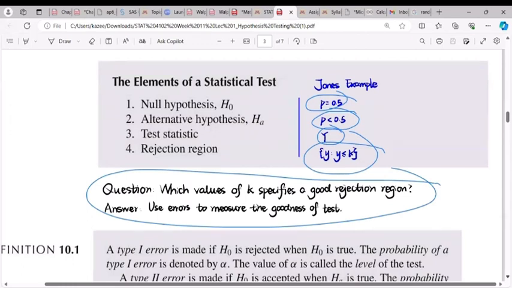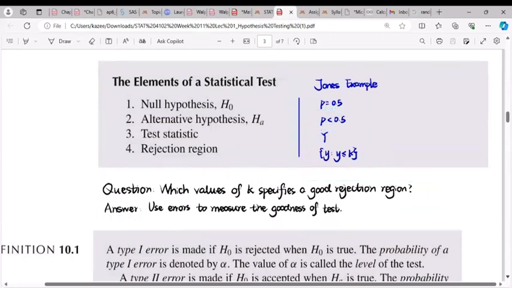For us to answer that, we need to use errors to measure the goodness of fit of a test. So if I want to determine what K is, which is going to be a threshold, then I'm going to make use of errors to come up with that.